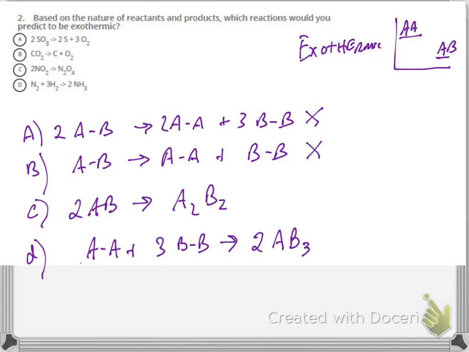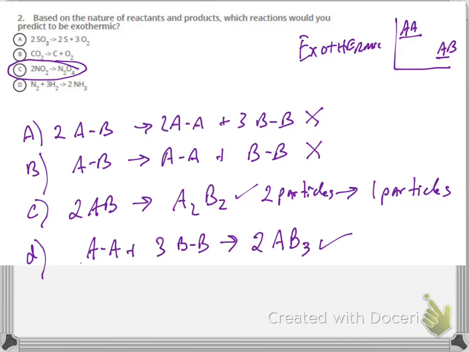B can't be true because we have, again, AB as a reactant. C is going to be true because we have two particles going to one particle, so an extra bond is made, which has to be exothermic. And D is true because we do have AB as the product, so we would pick the answers to be C and D. It's really important to feel comfortable using the AA-AB energy analysis.